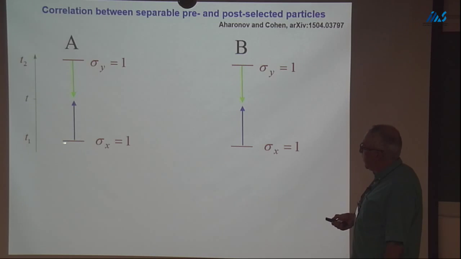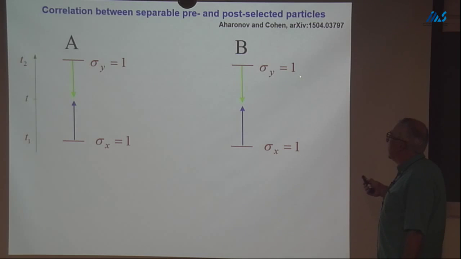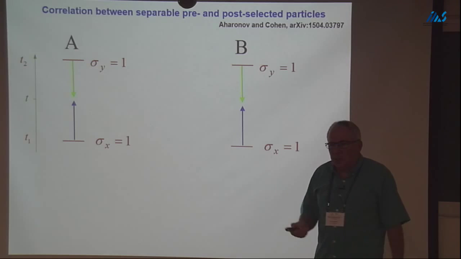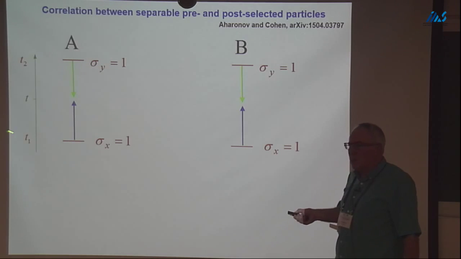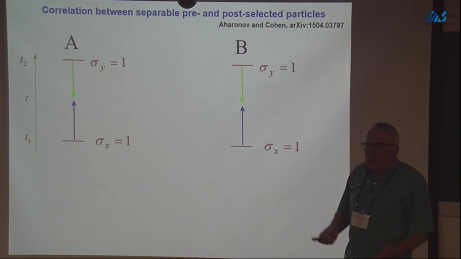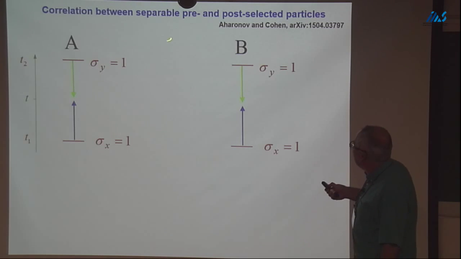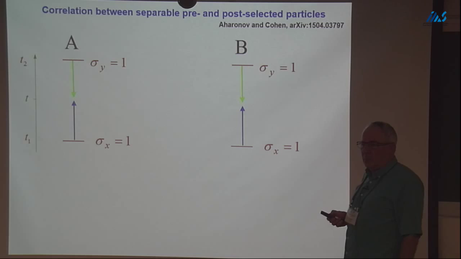One is prepared sigma x up and found sigma y up. Another one, independently prepared sigma x up, is found sigma y up. It looks like one is in Tel Aviv, another one in New York. No connection between them, no entanglement, nothing whatsoever. But now he says that there are some correlations between them. It's not supposed to be.